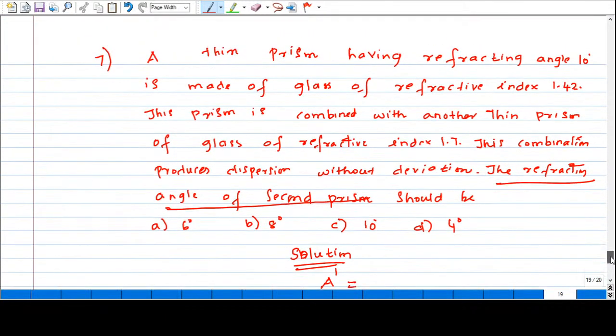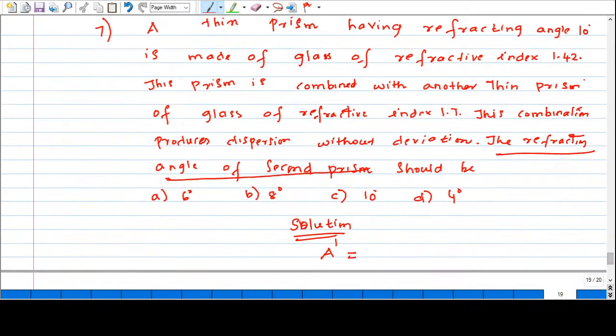What is the first value they have given? 1.42, right? You always subtract 1 from 1.42, this is the first step. And similarly, divided by the next one, 1.7, right? You do the same method, 1.7 minus 1. This minus 1 is my cheat code.